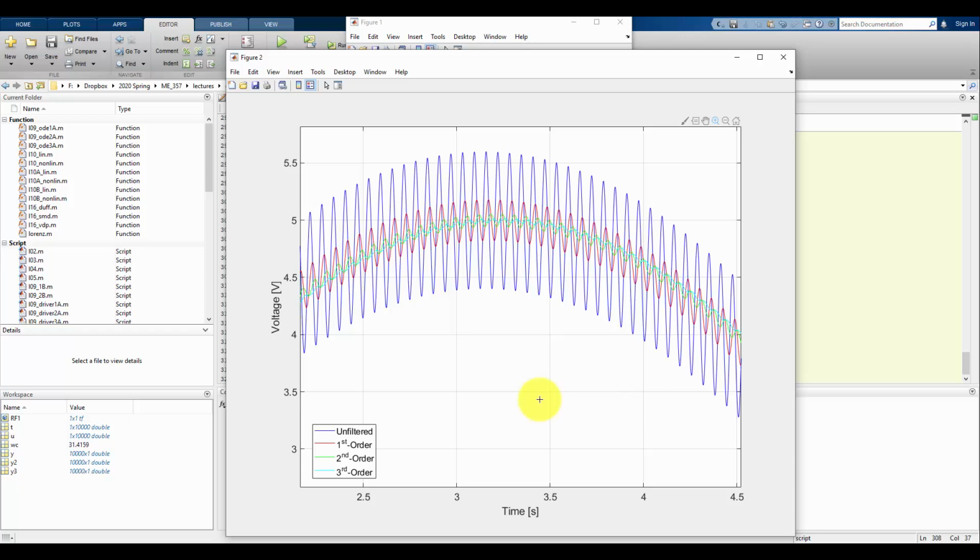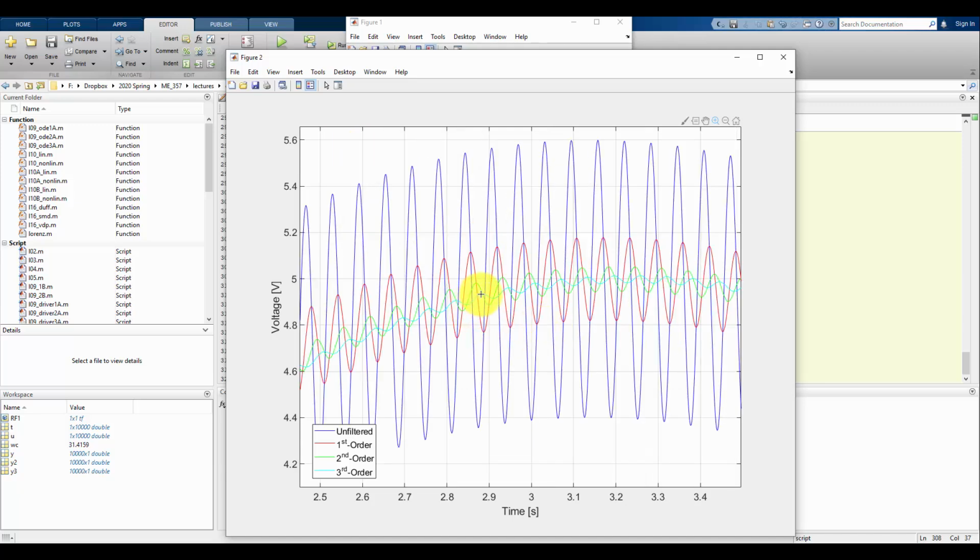So certainly the green, the second order, is easier to see. We can see its amplitude of the high frequency wave is smaller than the first order, which is again smaller than our original. And the cyan, zooming in maybe even a little bit further, we can see that that has an even smaller amplitude at the high frequency than the second order does. But also if you notice what's happening, our unfiltered blue, that peak is happening before our first order because of that phase lag, which happens before the second order, which happens before the third order.